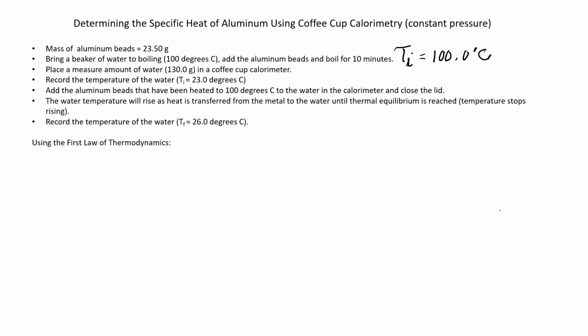So after we have heated those beads for 10 minutes and assume that the temperature of the beads is 100 degrees Celsius, we add those metal beads to the water in the calorimeter and close the lid.